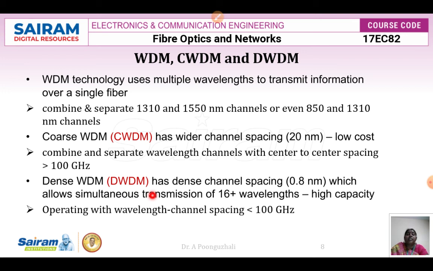Since the channel spacing is less, the number of channel wavelengths that we can transmit along a single fiber is more. That means the capacity can be increased in dense wavelength division multiplexing, and it operates with a wavelength channel spacing less than 100 gigahertz.